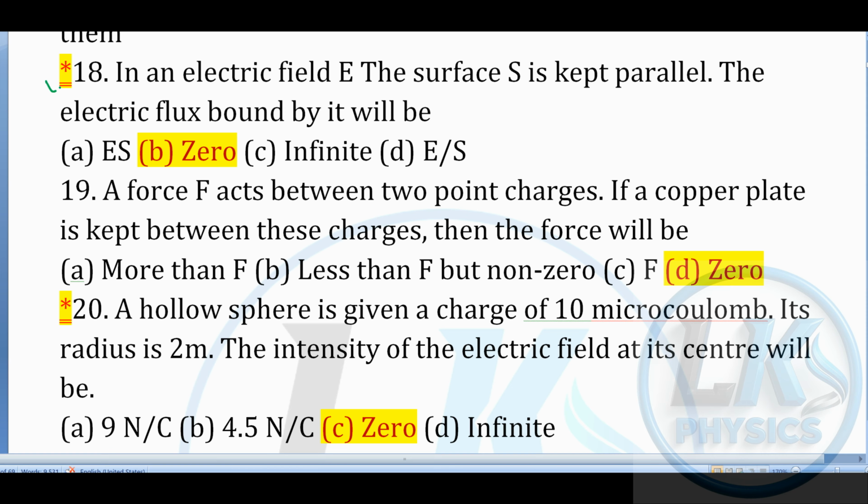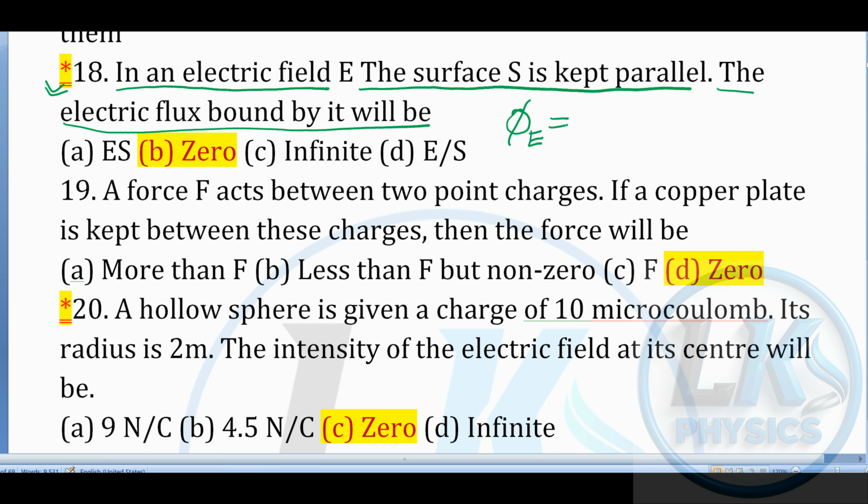Now see question number 18. In an electric field E, the surface S is kept parallel. The electric flux bound by it will be. We know that the formula for electric flux is phi equals E S cos theta. You can write S or A for area or surface. Here the surface is parallel, so the angle is written as 90 degree.